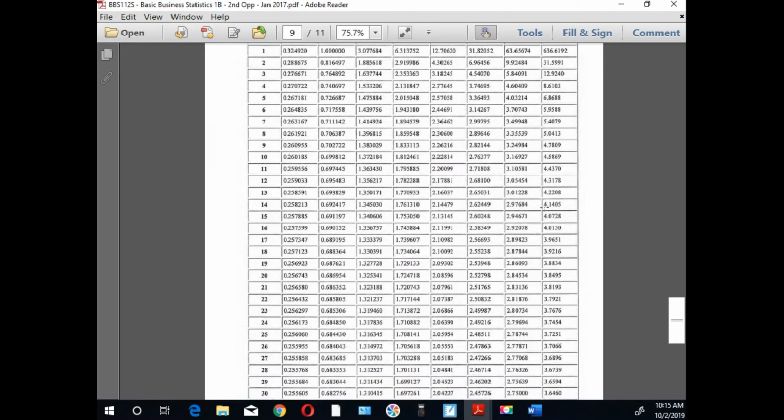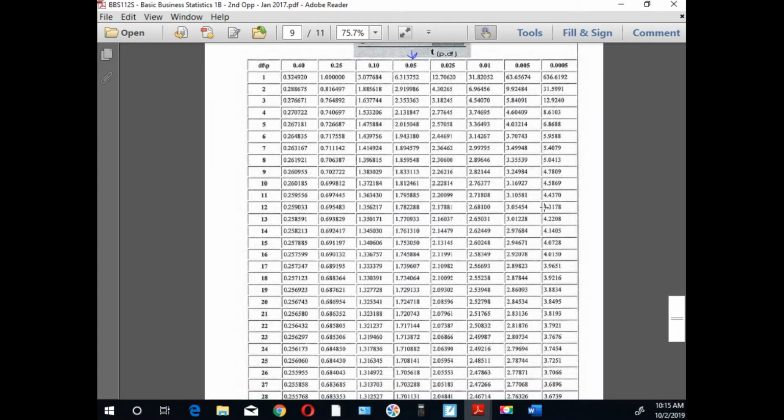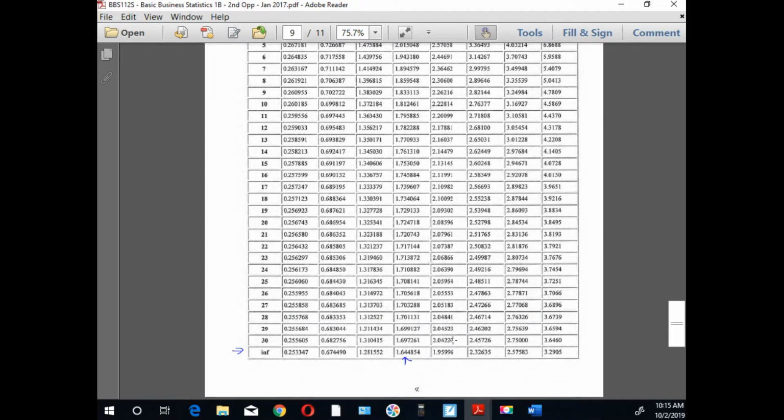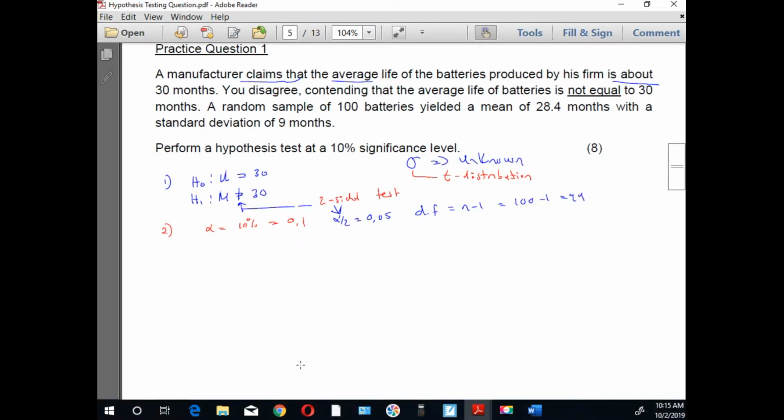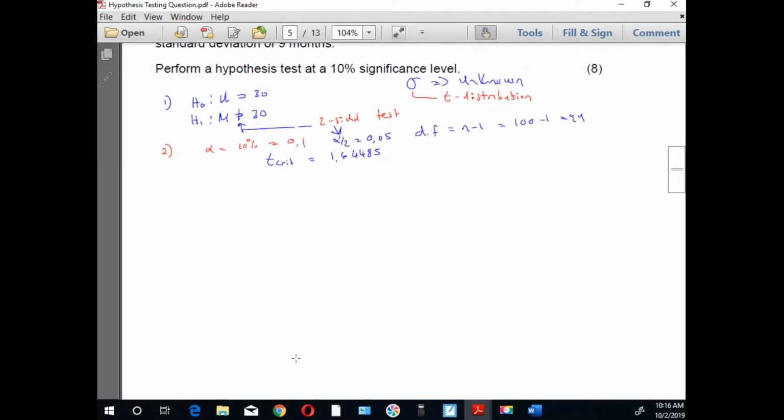There you go, 0.05 infinite, 1.64485. So we call it t crit. The t crit will be 1.64485.